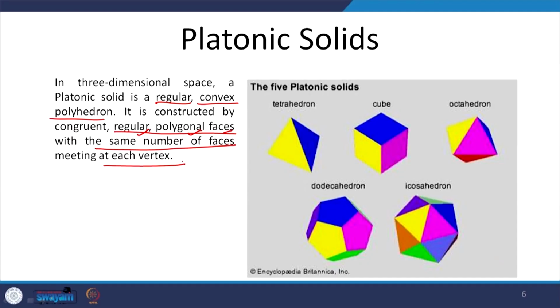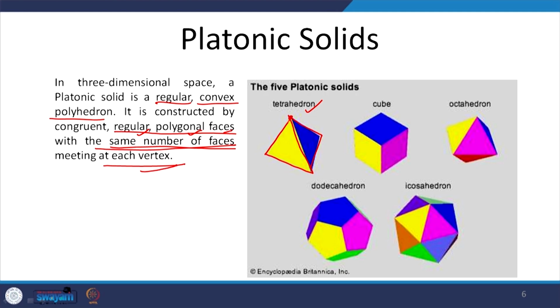Now, 5 solids qualify to be called platonic solids. The first one, we have a tetrahedron. What is a tetrahedron? It has 4 equilateral triangular faces. So it has 4 faces, each of it being an equilateral triangle. As you read, it has the same number of faces meeting at each vertex.